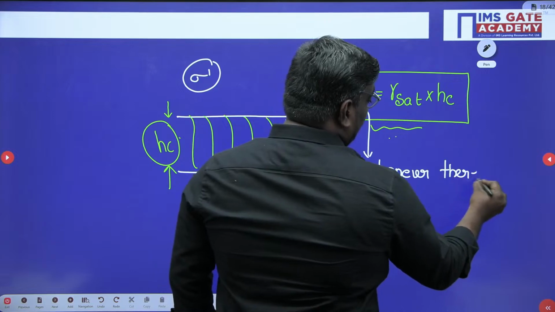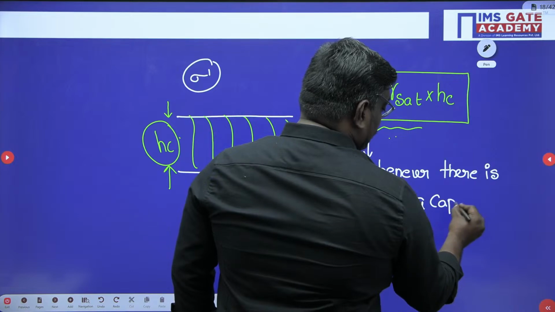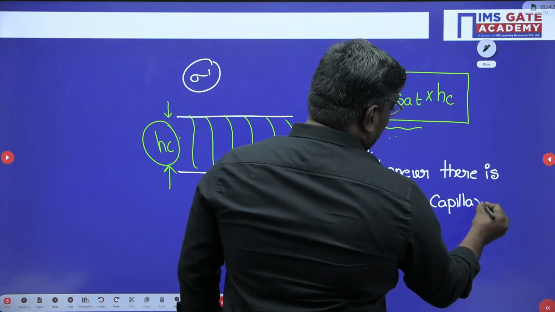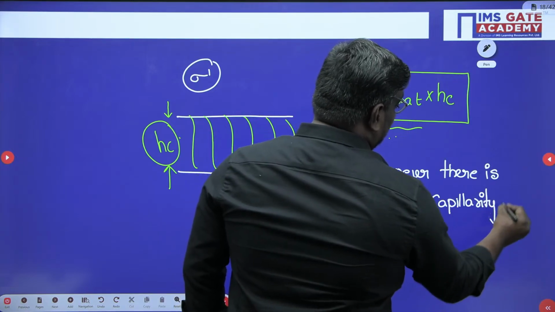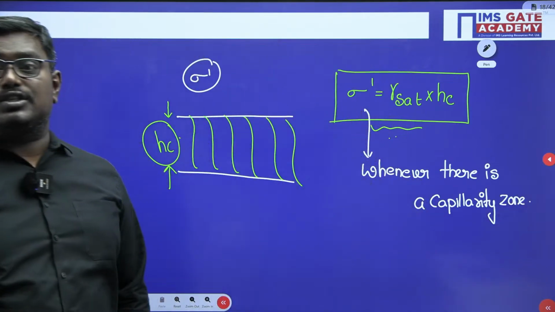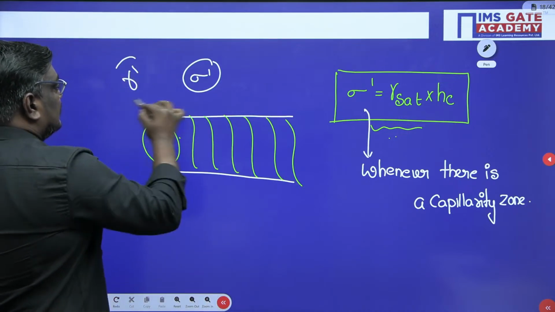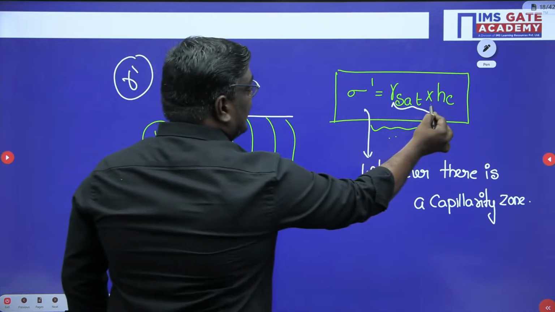So, whenever there is a capillary zone, why am I telling this now? Due to capillarity, the effective stress might increase, because in the effective stress calculation, whenever there is a water table, you use gamma dash, but here you are using gamma sat into HC.